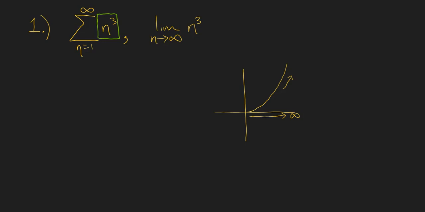So the limit as n approaches infinity of n cubed is equal to infinity. And since the limit does not equal 0, it diverges by the nth term test. Okay, that was fairly straightforward. Let's move on to the next one.